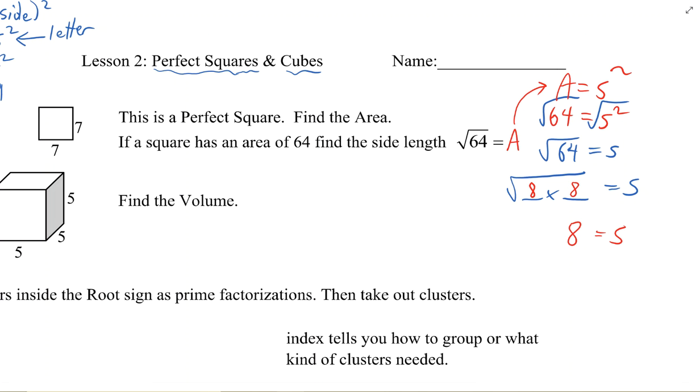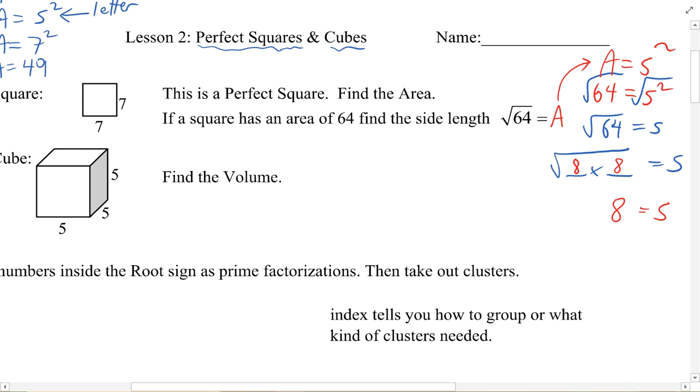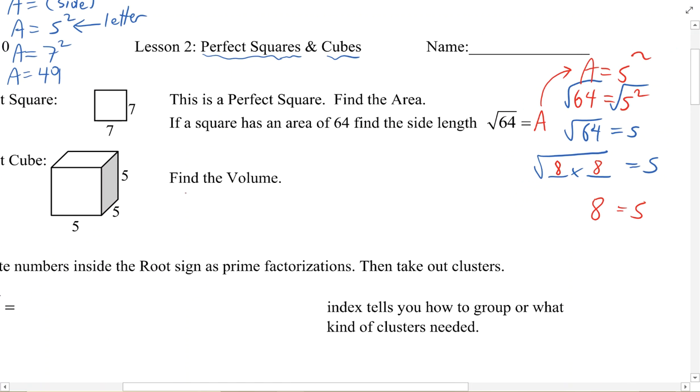Now, volume is the same thing, except for volume, we use the formula of a cube, which is side length cubed, which is S cubed. Remember, this is the letter S, not the number 5.